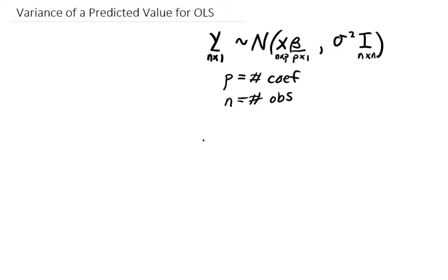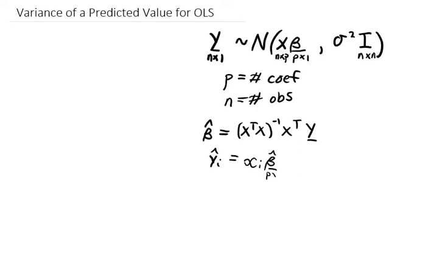I'm not going to derive it in this video, but beta hat is the formula x transpose x inverse x transpose y. And again, y is a vector of values. We have a fitted value y_i hat, which is defined as x_i times beta hat.